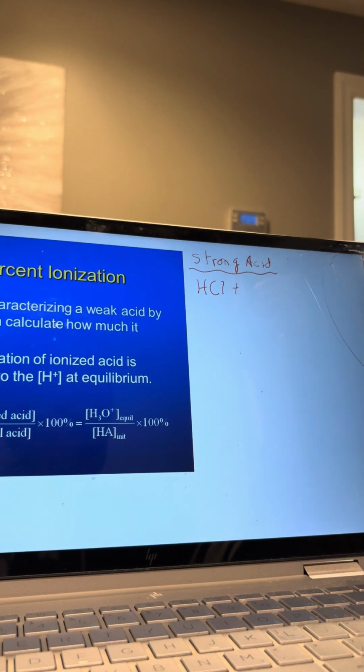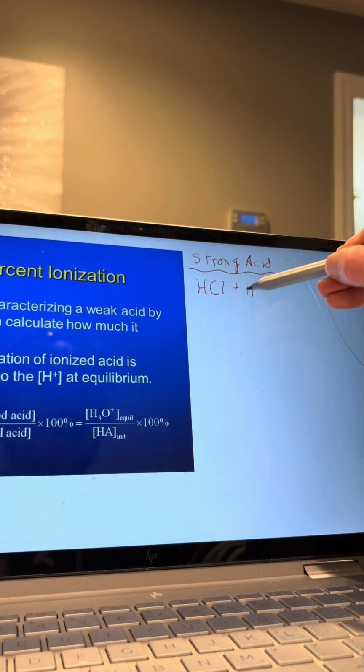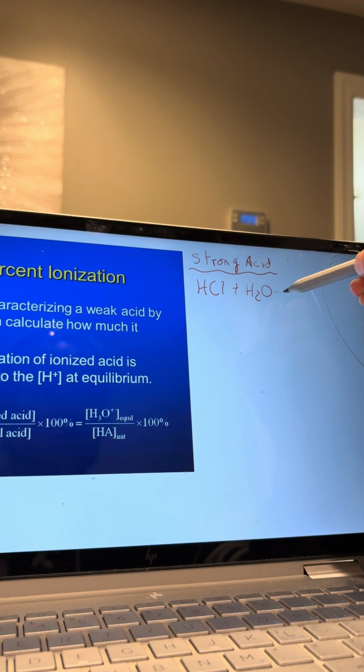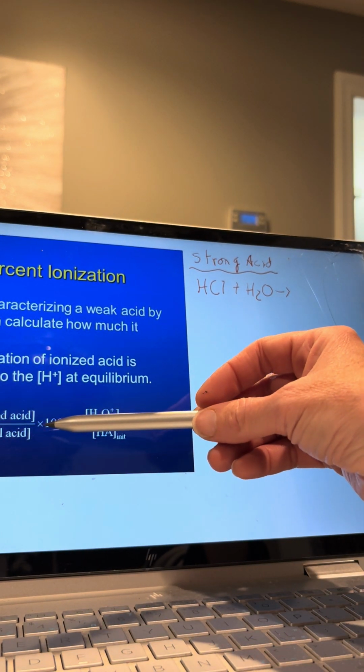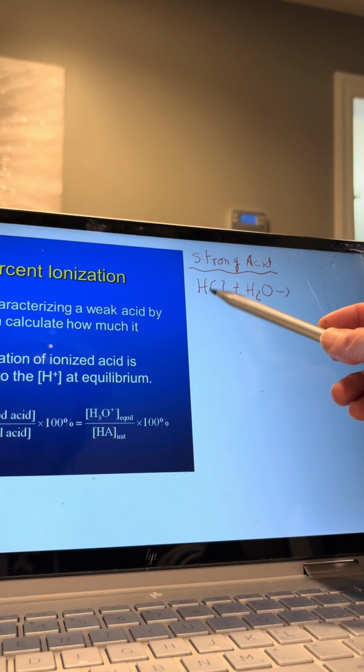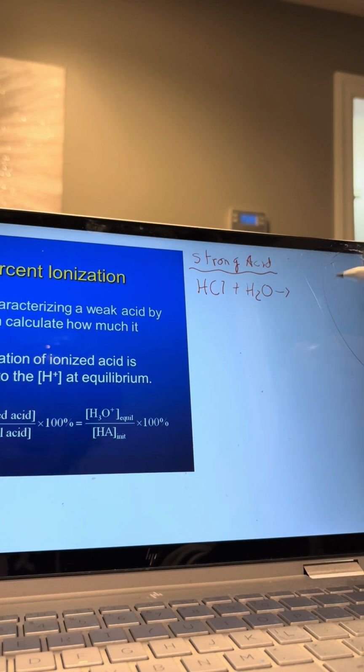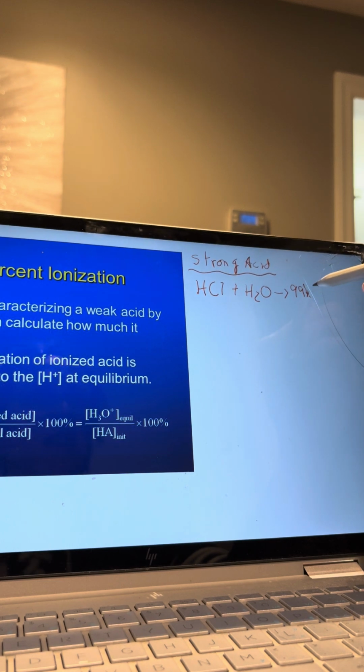If you were to react the hydrogen chloride with water, and you were to look at the initial concentration of the acid versus how much was ionized, what percentage was ionized, what you end up getting in this scenario is 99% was ionized.